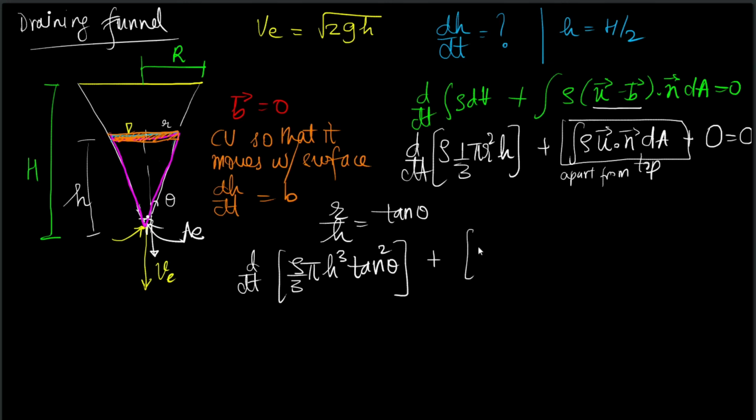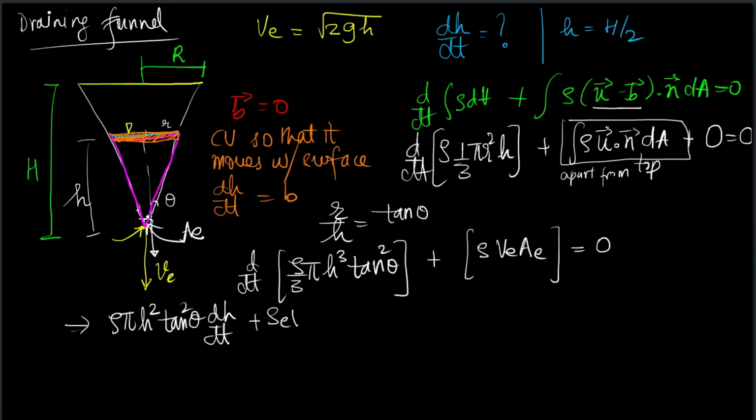So it becomes rho VE AE, and there will be a positive sign because it's exiting the domain. This is equal to 0. So that implies rho pi h squared tan squared theta dh/dt plus rho VE AE equal to 0.